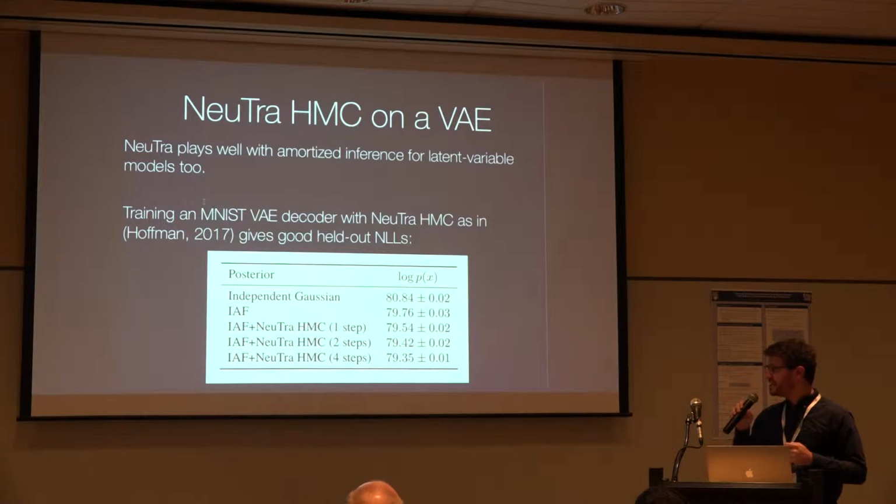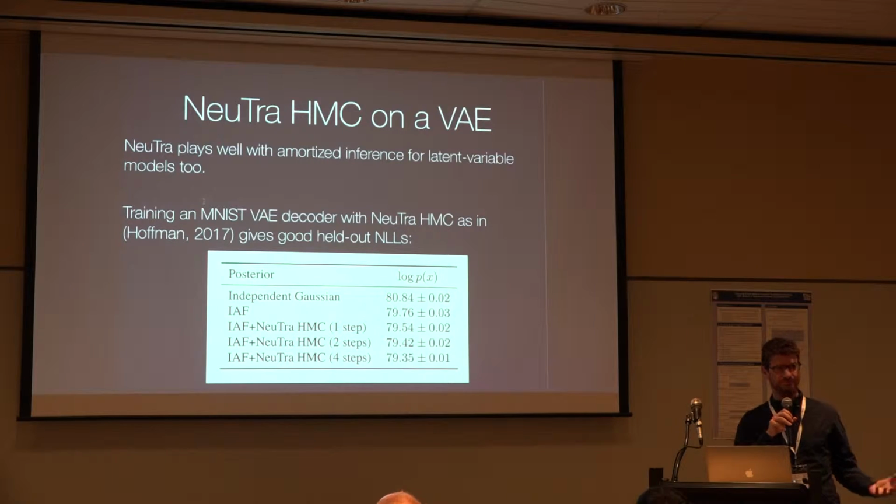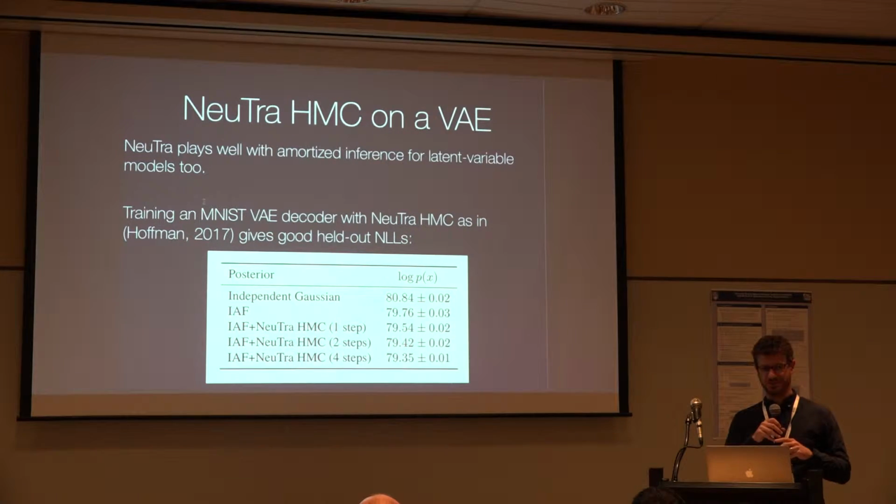So far I've talked mostly about the classic full Bayes setting where you have some posterior that you want to sample from and it's just one problem, but actually this strategy plays very well in the amortized inference setting as well. Where you have some inference network that's spitting out a bijective transformation for every set of latent variables.